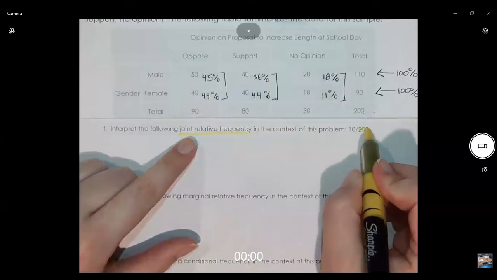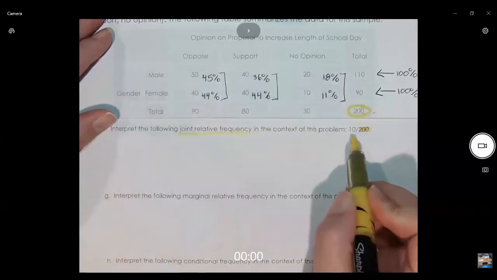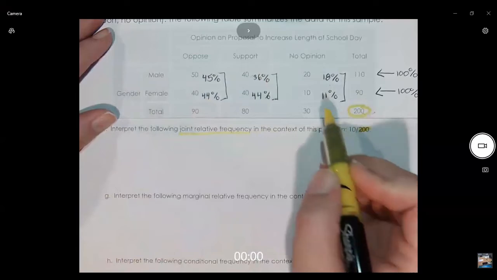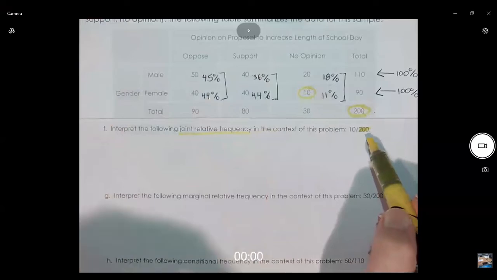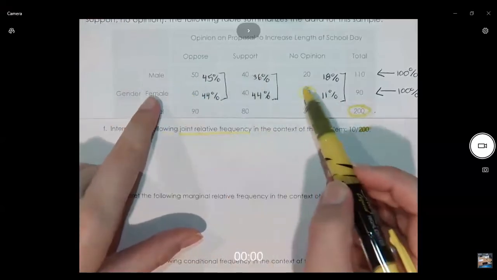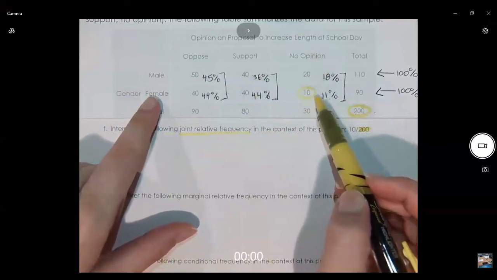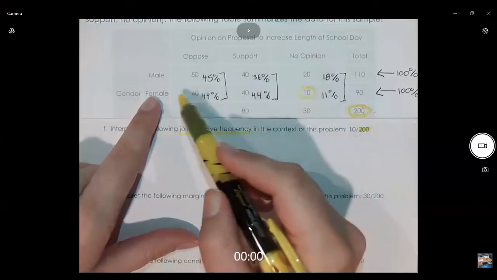You can see the 200 here, and we want to know where the number 10 falls. The 10 is right here. So we can say that out of all the people who were surveyed, there were 10 that were female and they had no opinion. Or if you do the percentage, you could say that percentage were female and had no opinion.